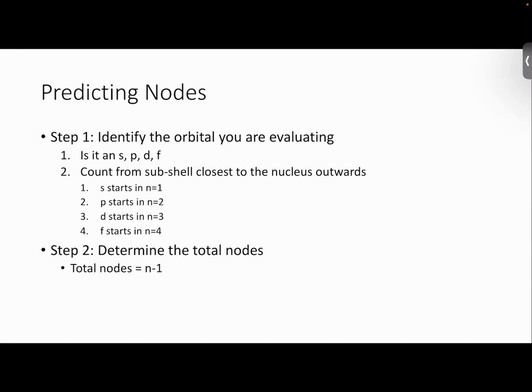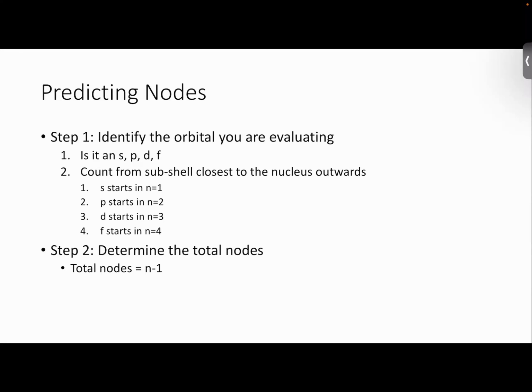From that, you're going to count from the subshell closest to the nucleus outward. But to do that, you have to understand where that particular type of orbital starts. An s starts in the first shell. A p does not start until the second shell. A d does not start until the third shell.